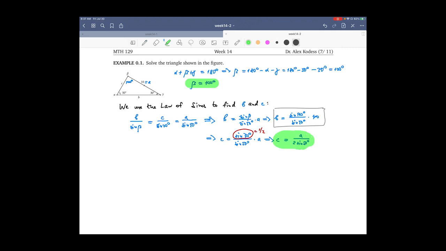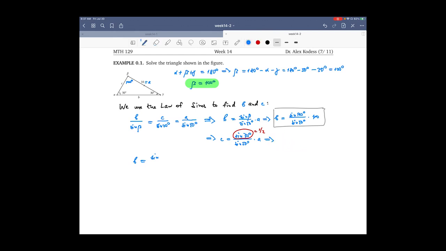By the way, the expression for b can be simplified. Okay, so let's simplify both b and c.